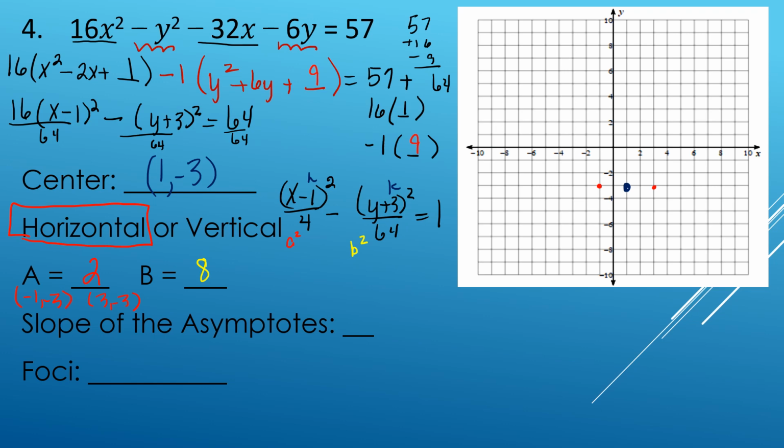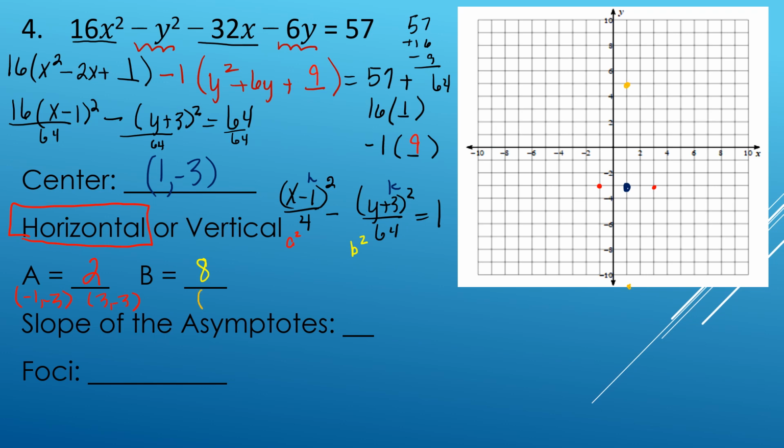From the center, I need to travel up and down 8 units in order to determine the height of our graph and get our covertices. So I'm going to travel down 8 units. This one's actually going to be off the graph. That's okay. And then we'll travel 8 units up from there to get the other covertice.